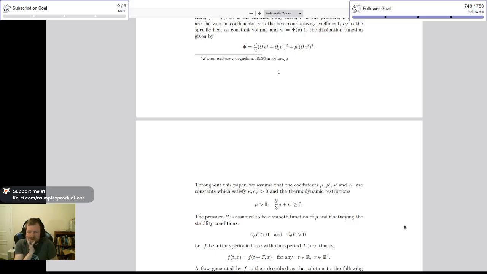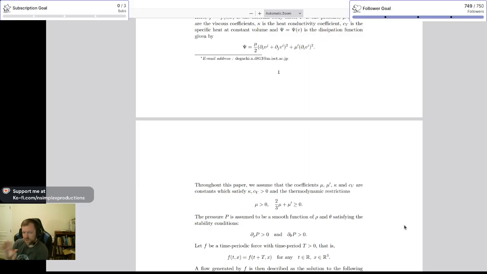Throughout this paper, we assume coefficients mu prime, kappa, and C sub V are constants. We satisfy kappa and C sub V are positive, and the thermodynamic restrictions, mu is positive, and also 2/3 of mu plus mu prime is greater than or equal to 0. I'm guessing that has something to do with the eigenvalue.